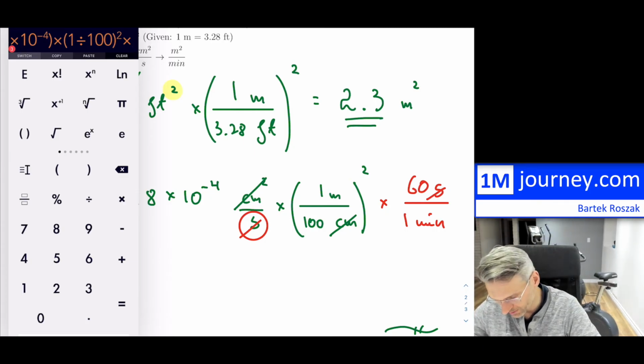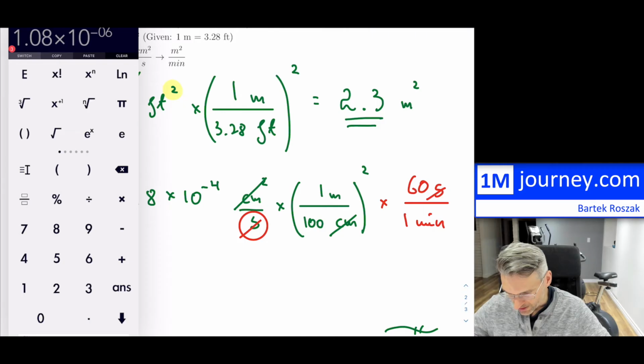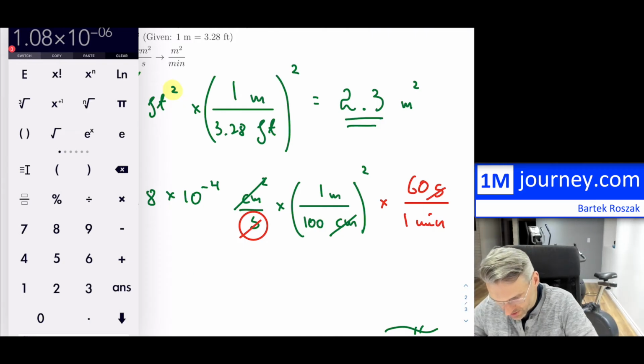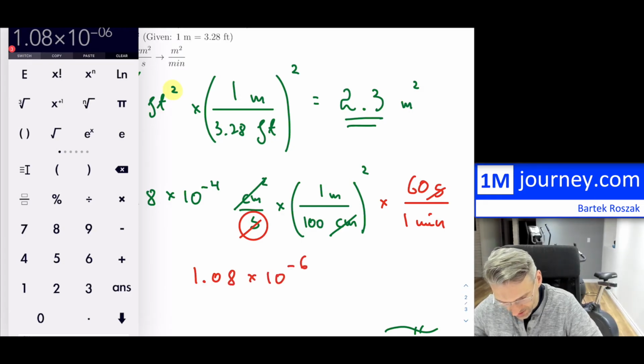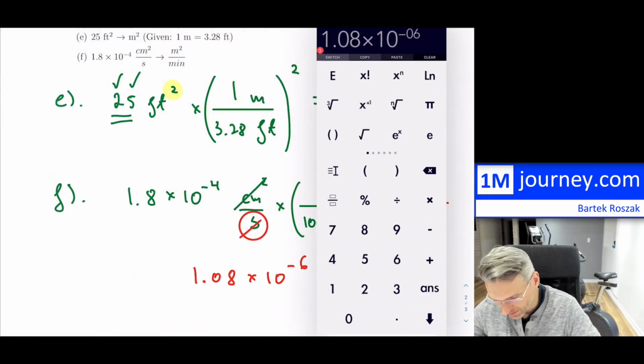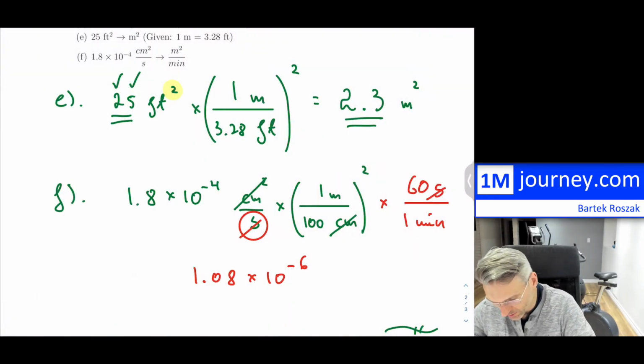So I won't even put it in brackets. So times 60. Oops, I have too many times. All right, so there you go. It already leaves it for us in scientific notation. So that's great because it's very small. So this is -6. Now, for sig figs, notice that this has 2 significant figures.